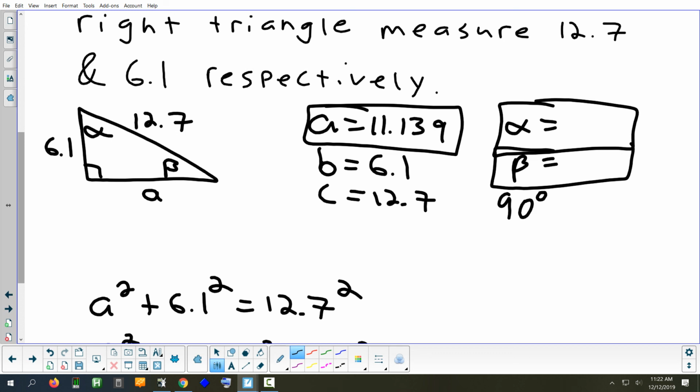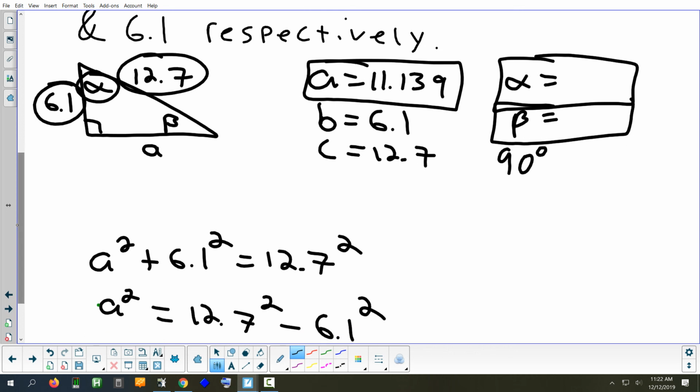All right, so now we have to find alpha and beta. So we're definitely going to use that, and we definitely want to use that. And we can pick which angle we want to find. Let's do alpha first. Which trig function would I use to find alpha? It's adjacent and hypotenuse, which is cosine.